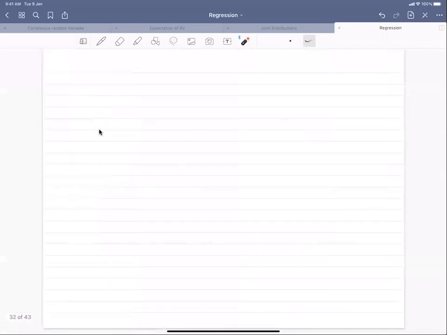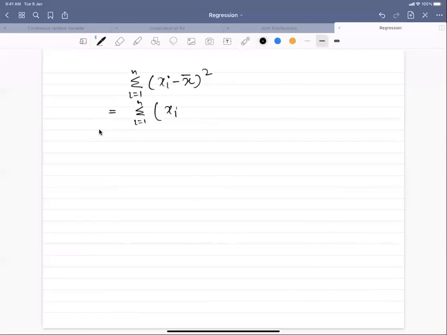This is just some rough work we are doing here. Summation over 1 to n of (x_i minus x bar) whole square. I will show it for only one term. So summation over i = 1 to n, we can open this as x_i square plus x bar square minus 2 x_i x bar.